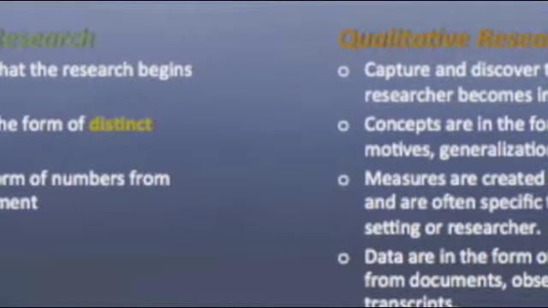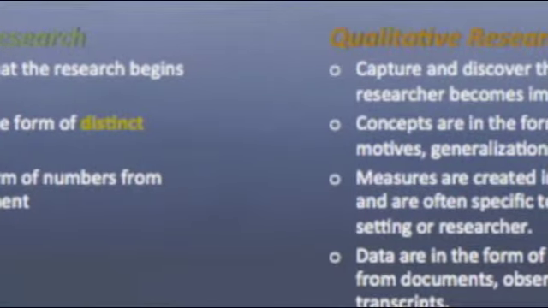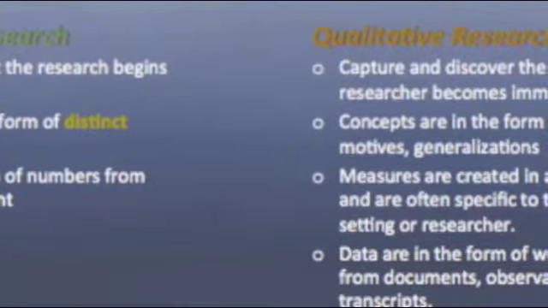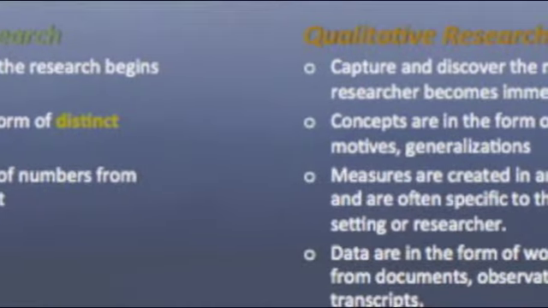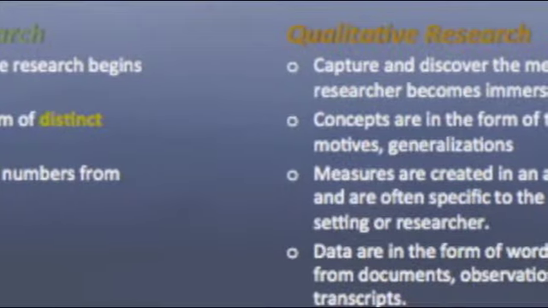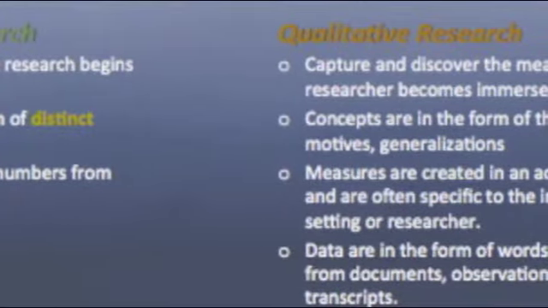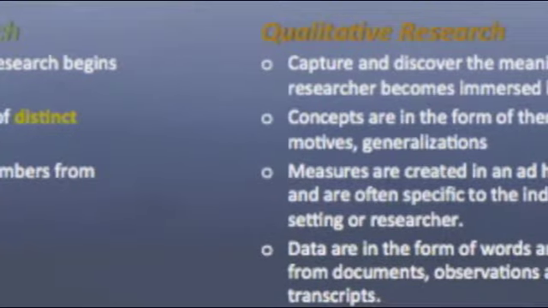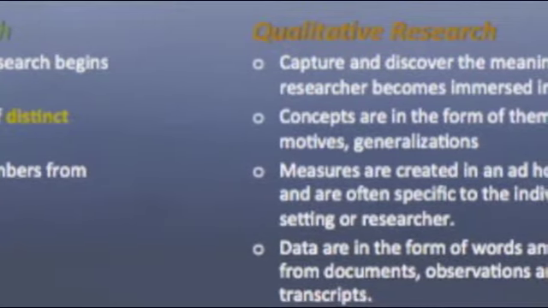There are measures that are created, but they are not really specific, and there is much more manipulation that can be done as far as who is in the study. Sometimes you pick your participants based on what you're looking at because you want to get people that know about it and get what their meaning is.